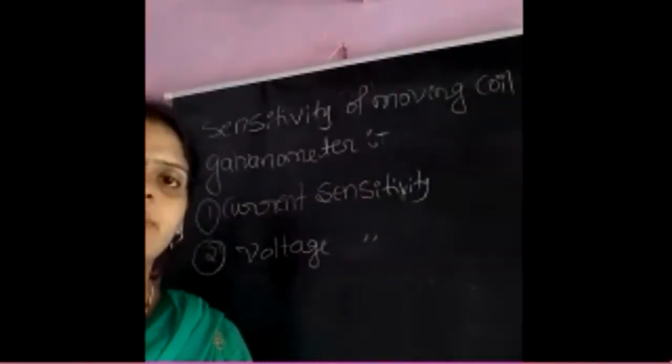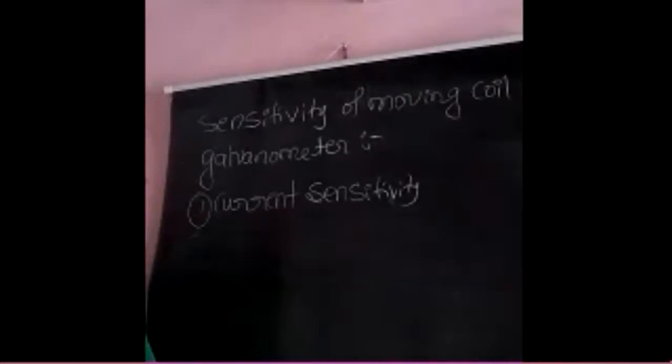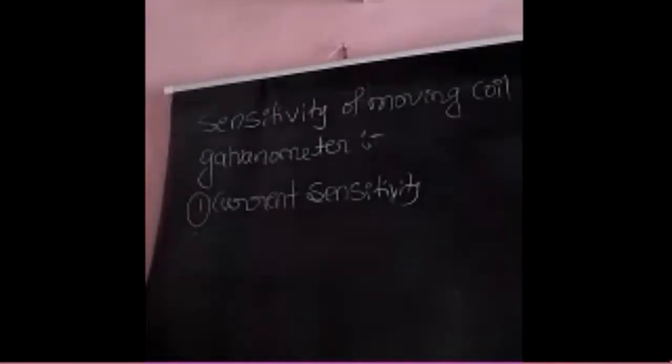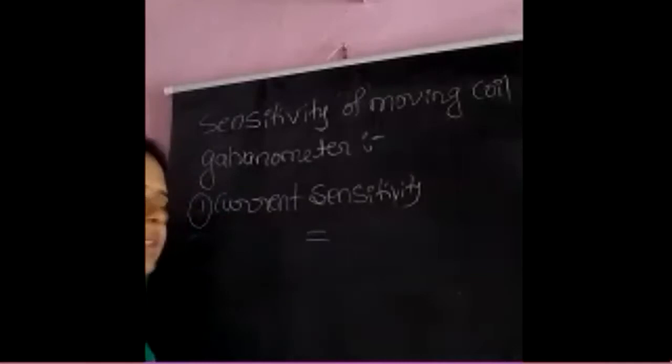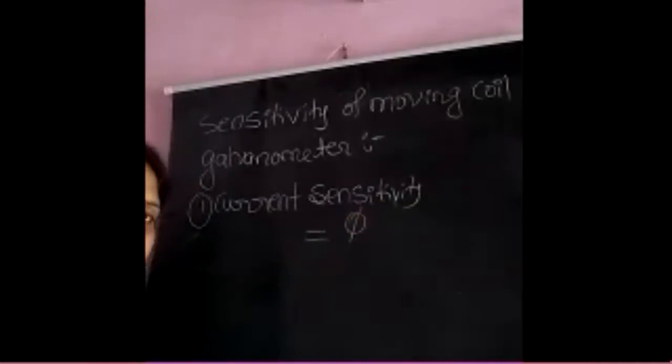So first, we will see what we mean by current sensitivity. Current sensitivity is nothing but the deflection produced in the galvanometer per unit current. Deflection in the galvanometer is given by phi.